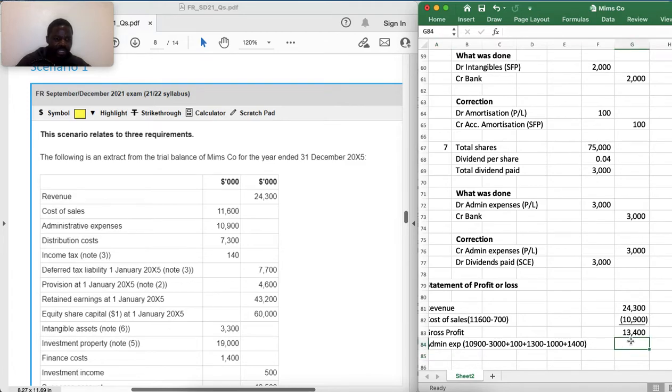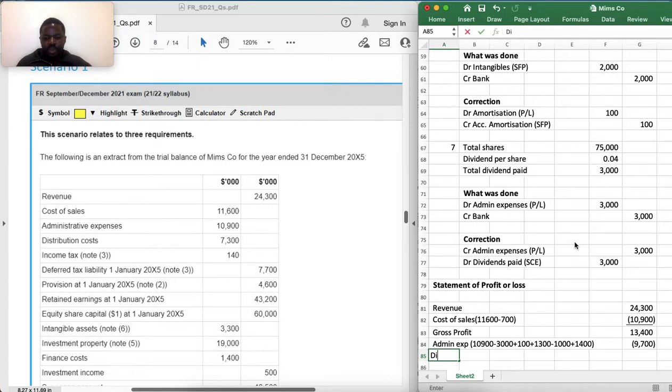Then now let me write them neatly here. 10,900. We reduce by 3,000. Then we add 100. We add 1,300. We reduce by 1,000. Then we add 1,400, like that.